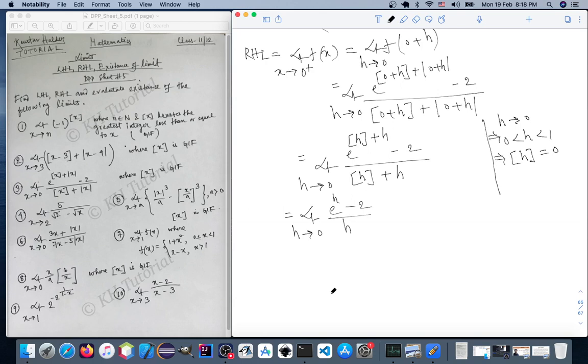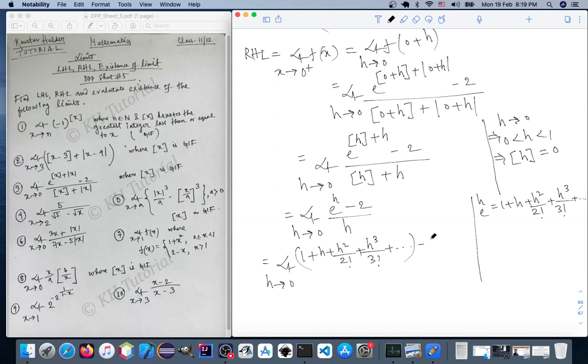Let's see, if we use the expansion series formula of e to the power h, which is 1 plus h plus h squared by 2 factorial plus h cubed by 3 factorial and so on, we get the limit h tending to 0 of (1 plus h plus h squared by 2 factorial plus h cubed by 3 factorial and so on, minus 2) by h.